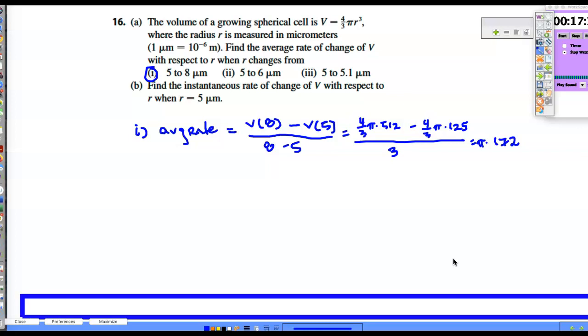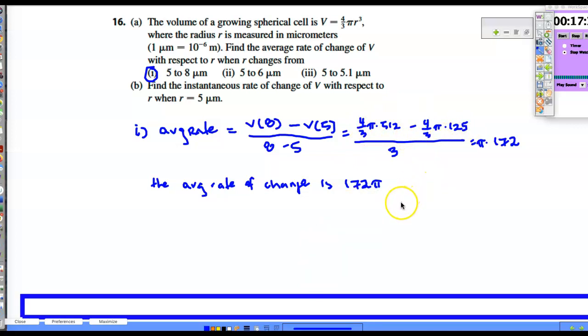And so what this is going to illustrate here is a proper sentence. The average rate of change is 172 pi. But what are your units?